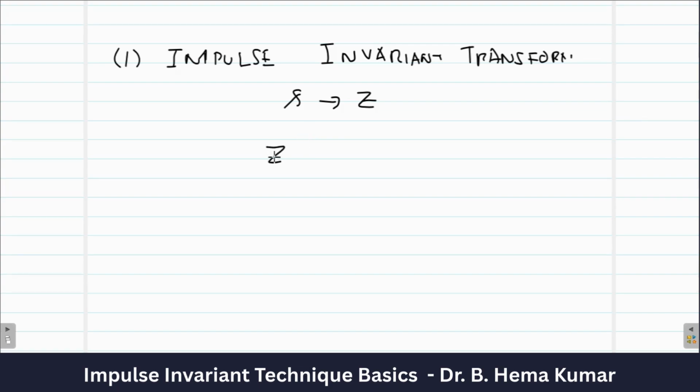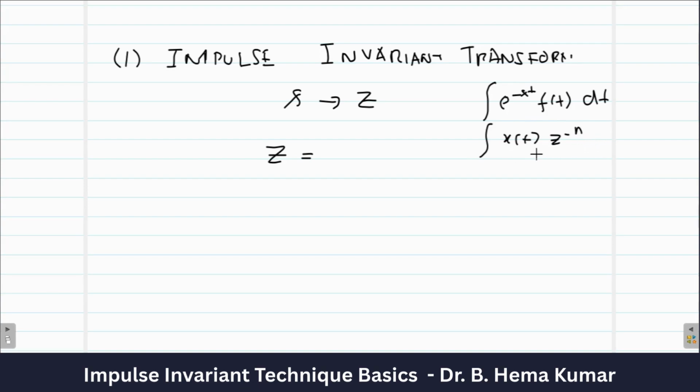If you compare with the definition of the Laplace transform, it is the integral from 0 to infinity of e power minus st f of t dt, whereas in the Z domain it will be h of t times z power minus n.